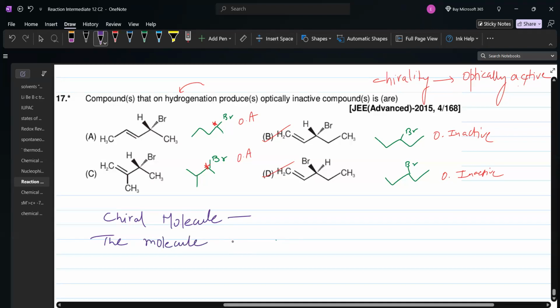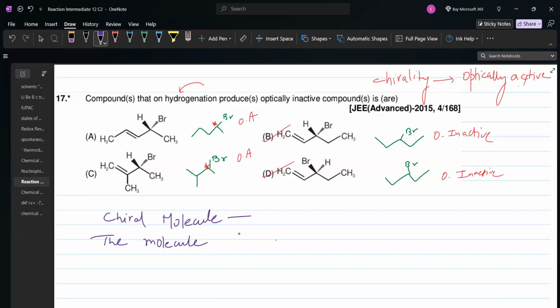This is the exact definition of a chiral molecule. Yes, that is also true. For solving MCQs, you have to look for chiral carbons, and that is it. You will get the answer.